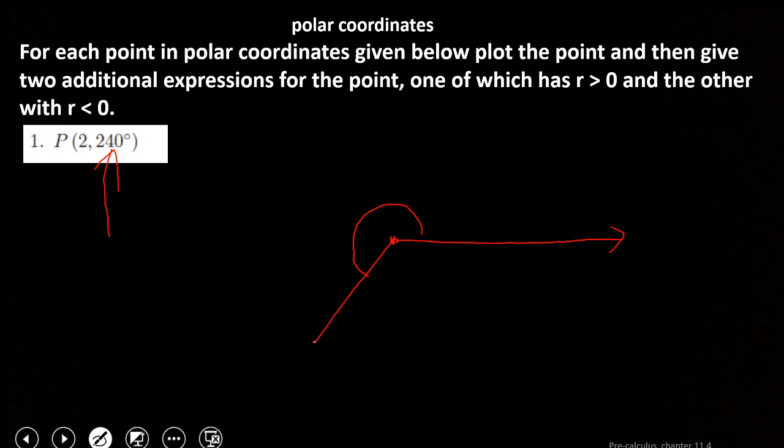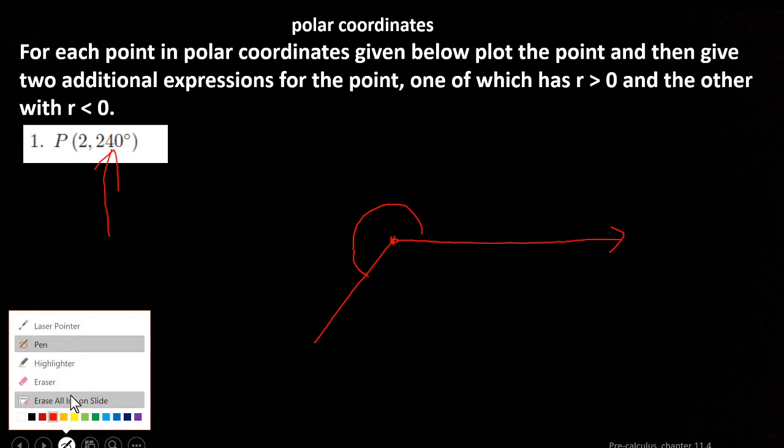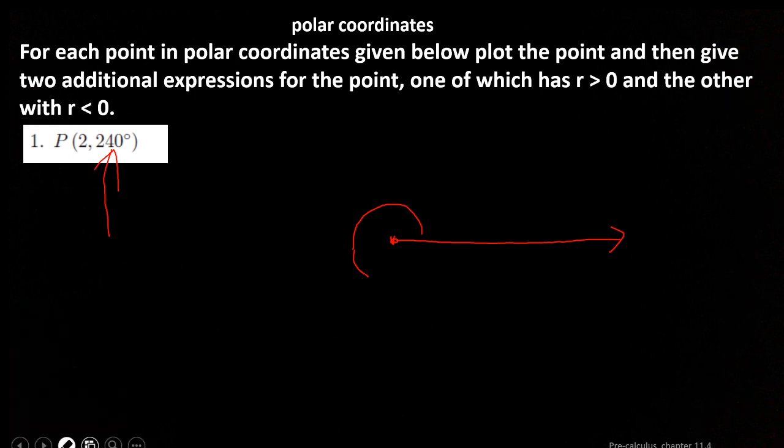So that's the angle. Now, I'm not going to draw the terminal side of the angle with a solid line. I'm going to do it with a dotted line. So that is my terminal side. That's my 240. Now, from the pole, if r is positive, I'm going to go in the direction of the terminal side this way, and I'm going to go 2 units.